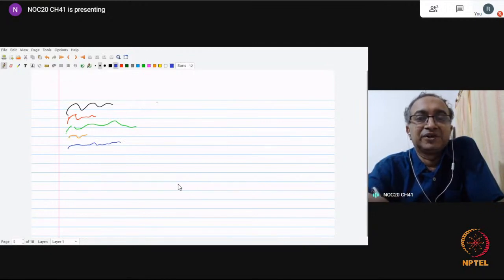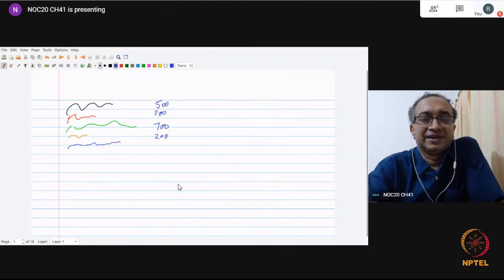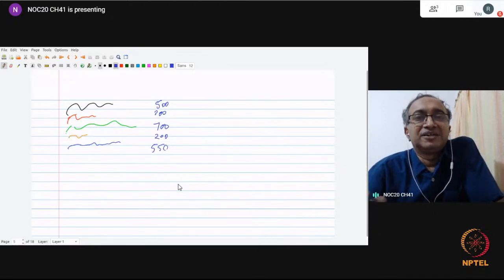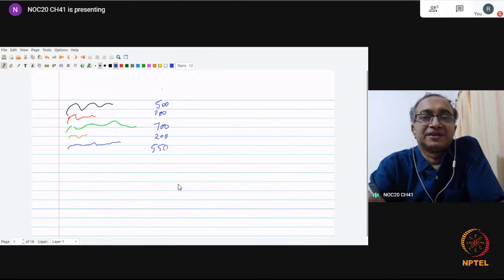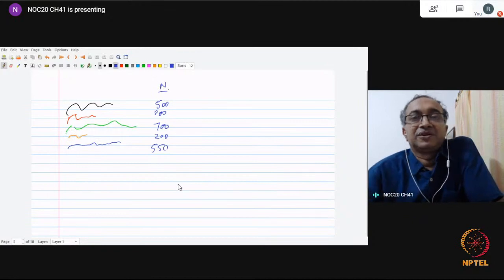Let's say the number of repeating units here is 500. Then it's 300. Then this is, let's say, 700. Then this is 200, and then this is 550. So all the different polymers have different numbers of repeating units, or degree of polymerization.